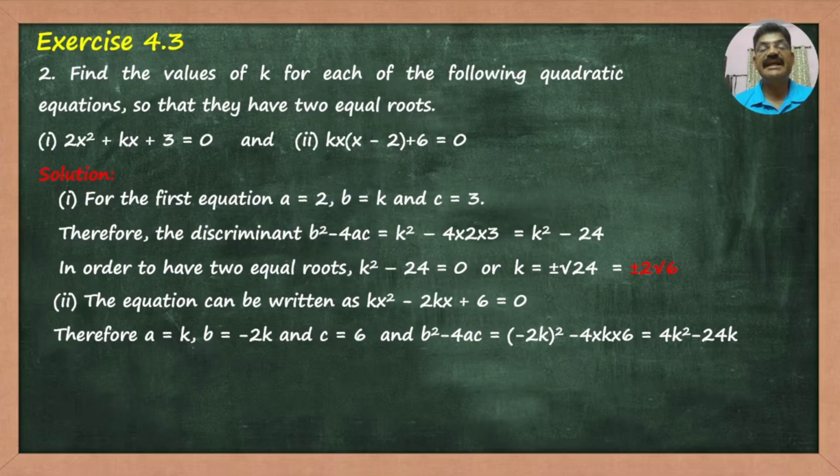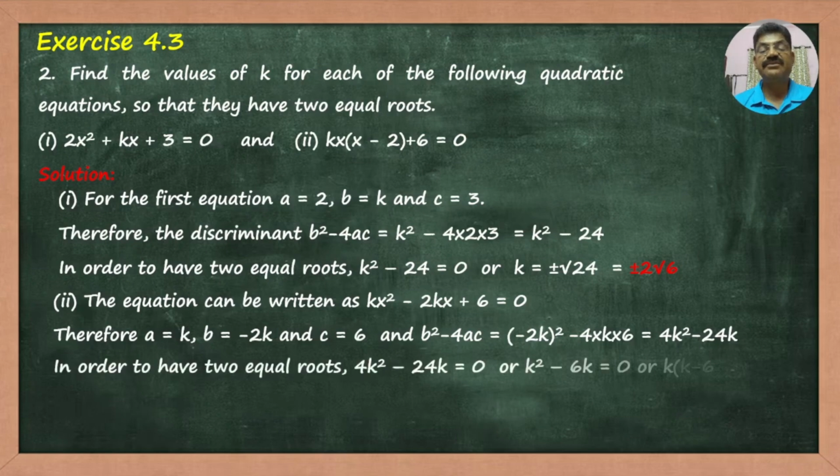It is not given directly. You have to multiply the factors. You have to bring the quadratic equation into standard form. Then you get a = k, b = −2k and c = 6. b² − 4ac is 4k² − 24k.